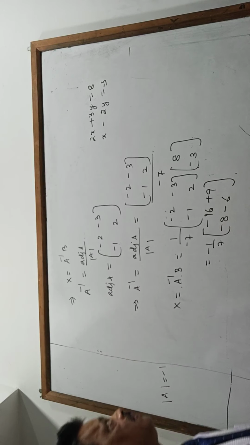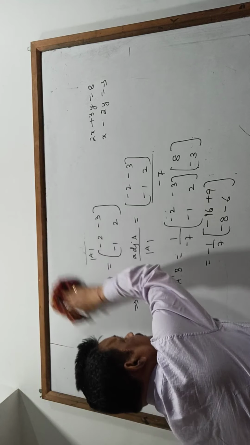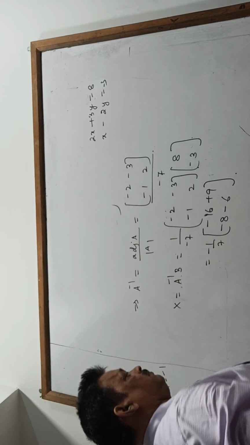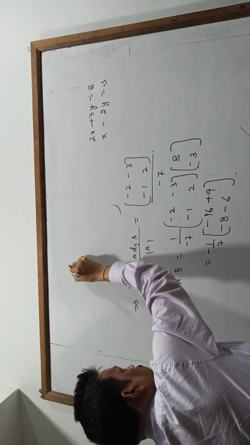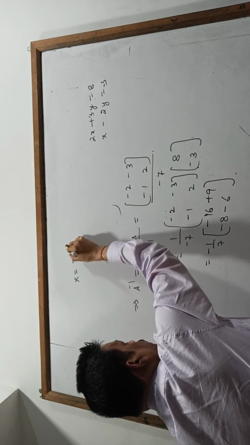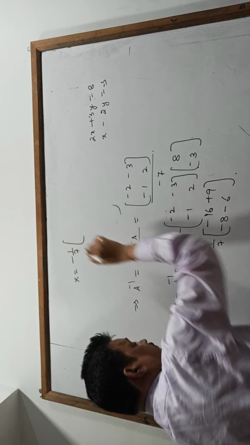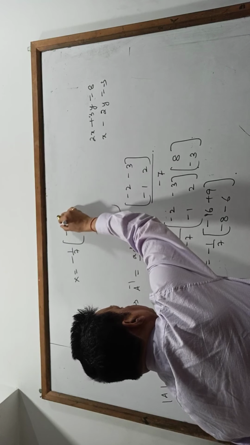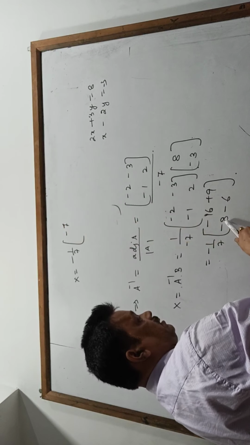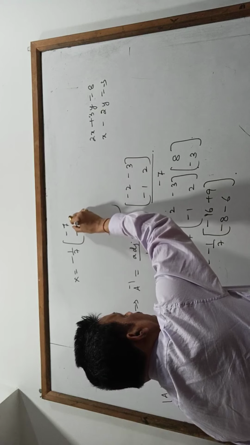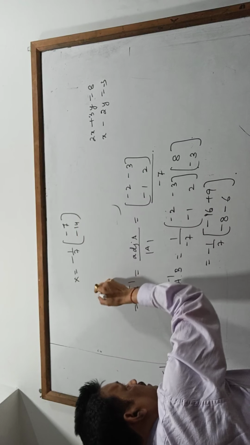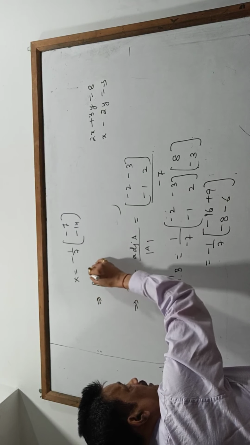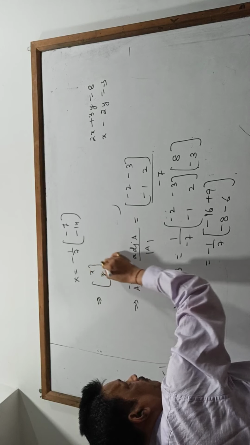Okay. Then you are getting X equals to minus 1 upon 7, that is minus 7, here is minus 14. Now this is x, y.